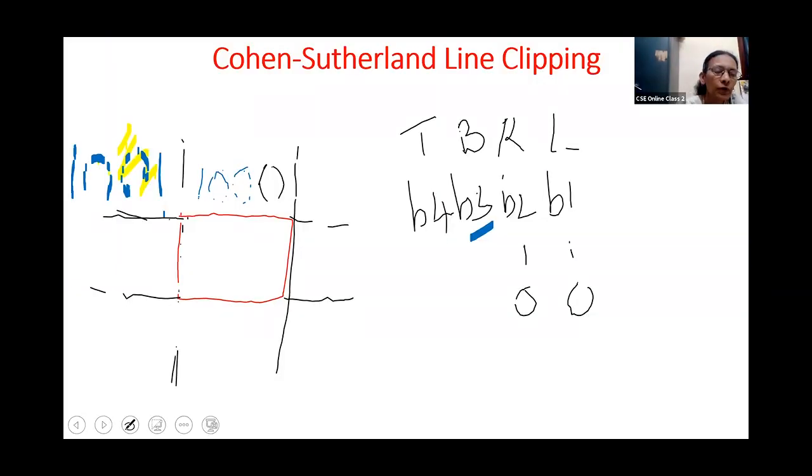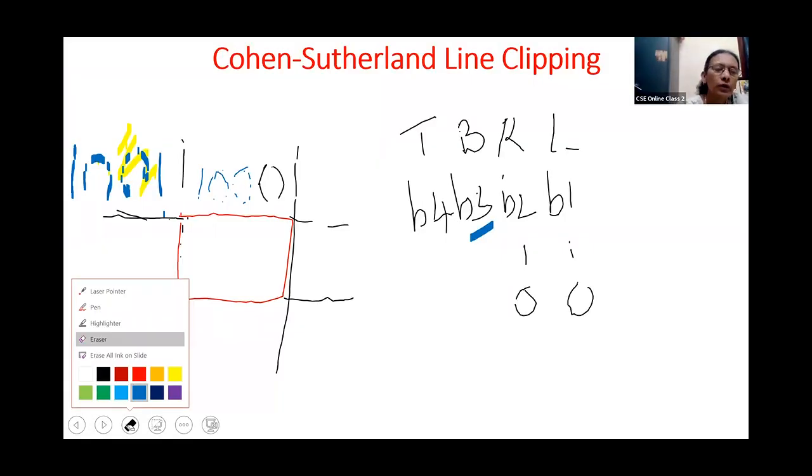What about the code for this region that we have? You can give me the answers in the chat box. Yeah, 1010 is correct.